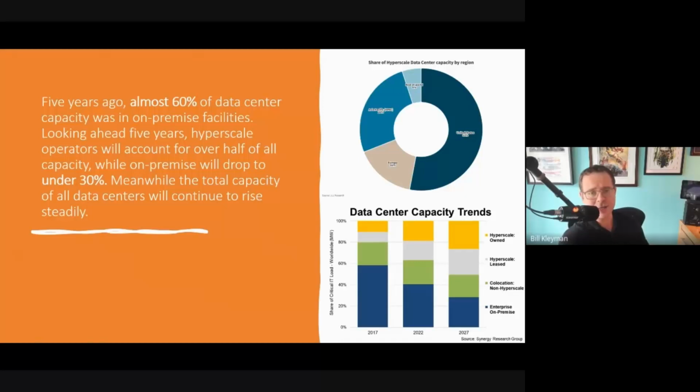Now, if you take a look at that data center capacity trend, you're going to see that our old school legacy, not always well-managed facilities, well, they're going to go by the wayside. And that's not a bad thing. We're still going to have on-premise facilities, but you can see by 2027, it's kind of like an even split between hyperscale, leased, co-location on hyperscale, and of course, enterprise on premise.